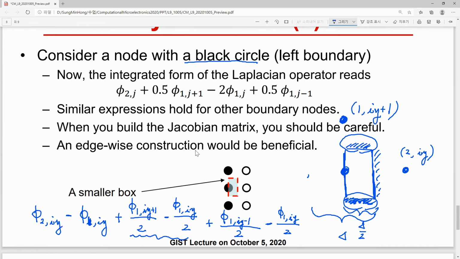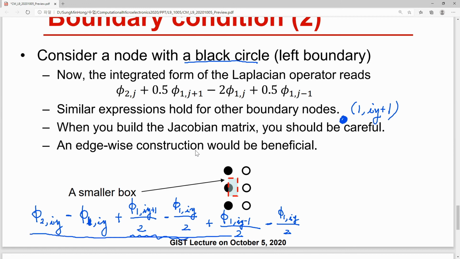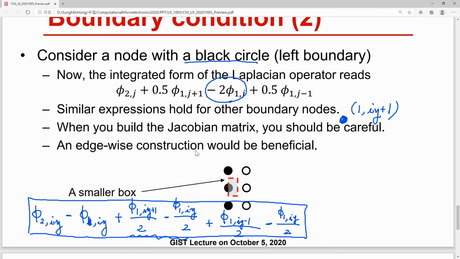So now you can clearly see that when we apply the homogeneous boundary condition to the boundary node, then our expression is a little bit modified because the box is smaller and the left surface does not contribute. So you can see that now the central component becomes, instead of minus 4, now we have minus 2, and we have slightly modified values.